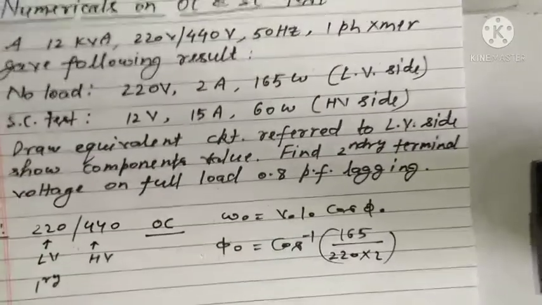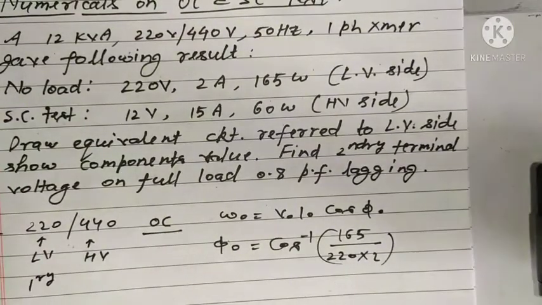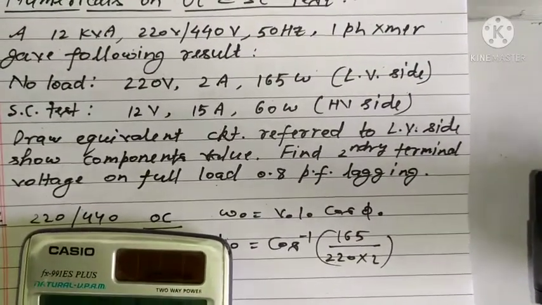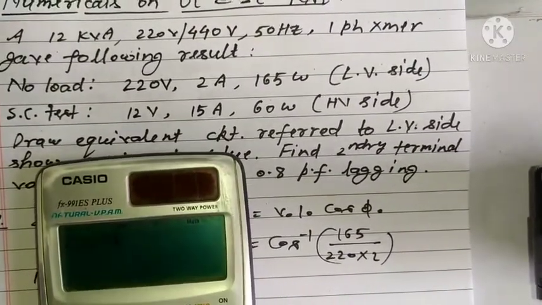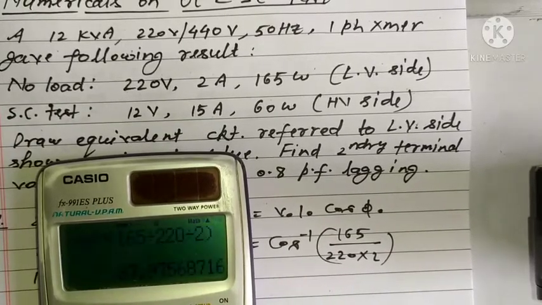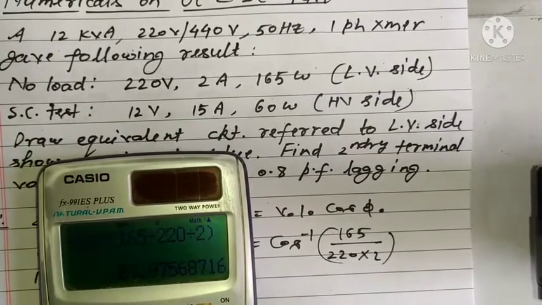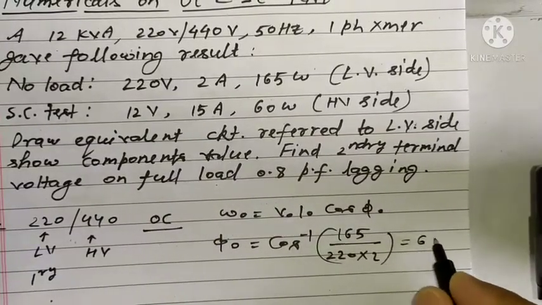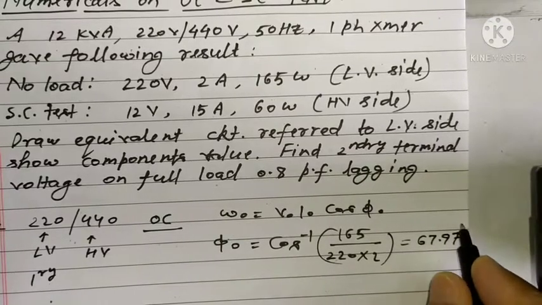If I do the calculation, it will be cos inverse of 165 by 440, so it is coming as 67.97 degree.